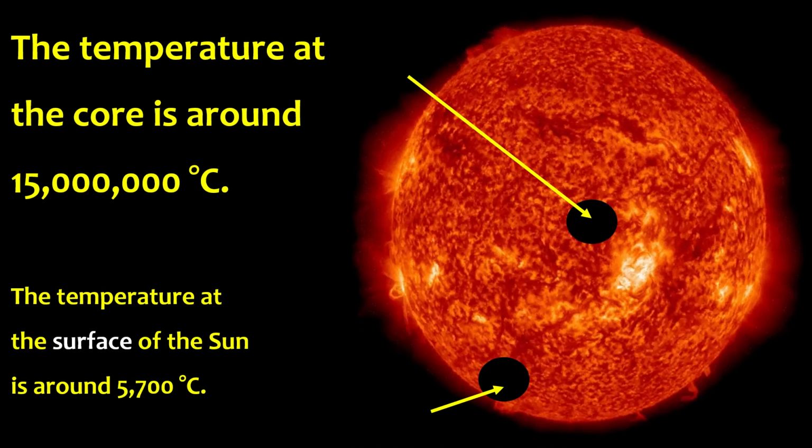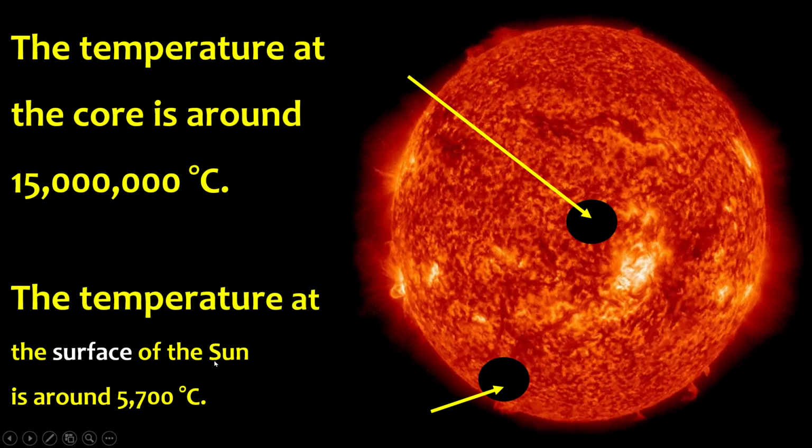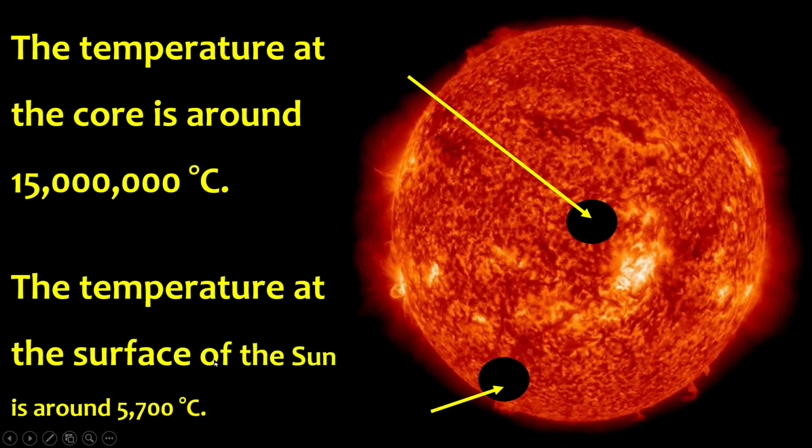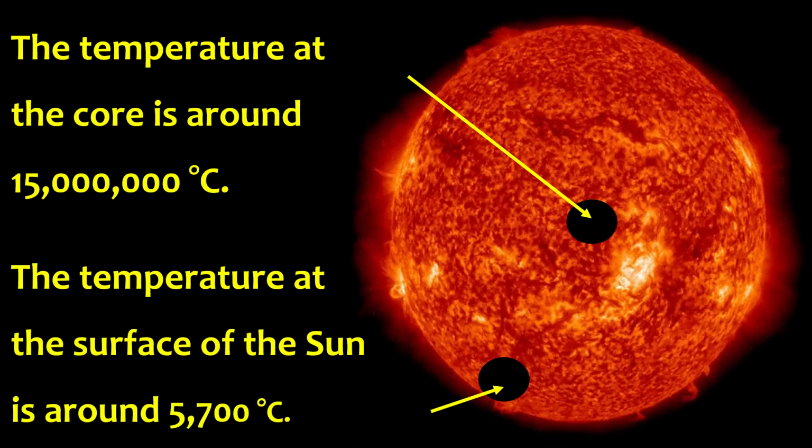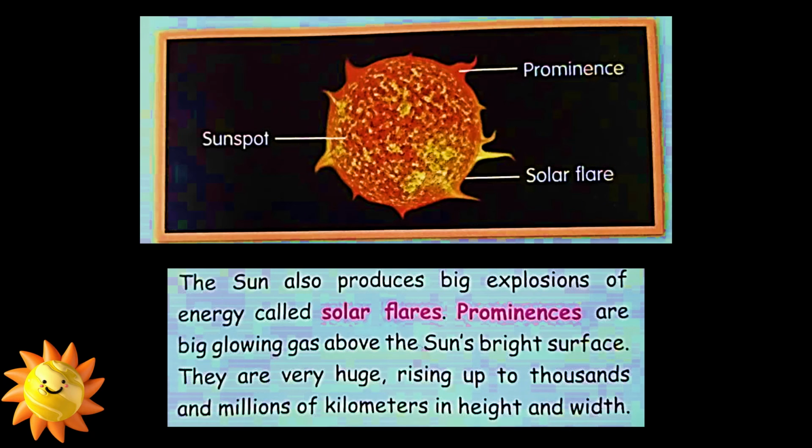And the temperature at the surface, this one, surface, it means outside. So the temperature at the surface of the sun is around 5,700 degrees Celsius. Not as cold as the inside of the sun. Okay? So the sun also produces big explosions of energy called solar flares.